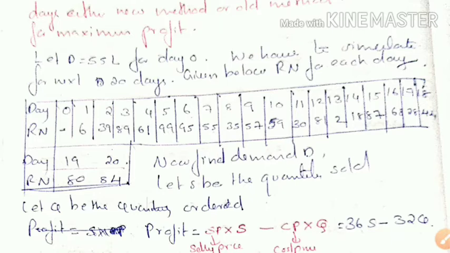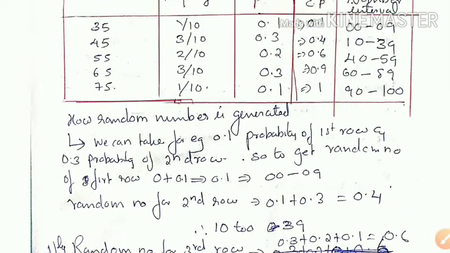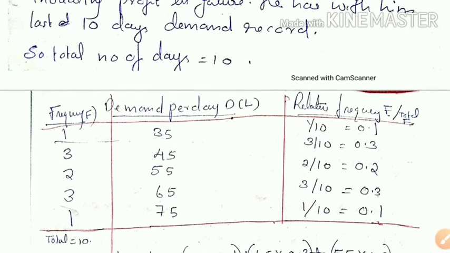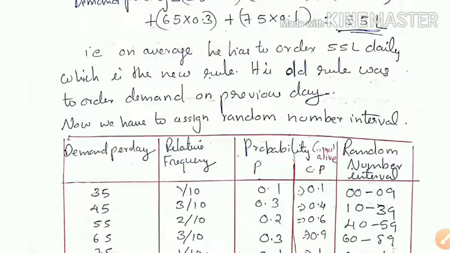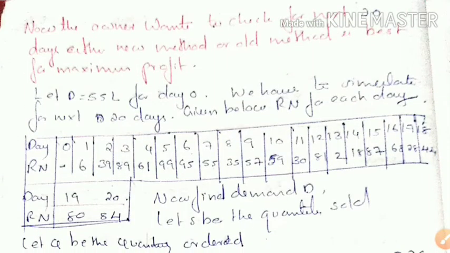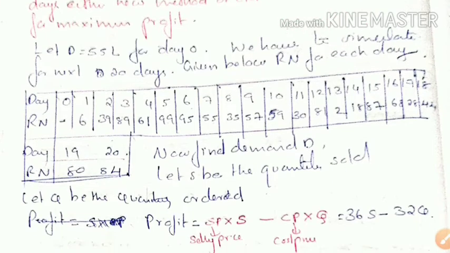So we have to find the future profit for the next 20 days, and he wants to simulate it to find whether the new method, using demand for the last 10 days, or the old rule, the number of packets of the previous day, is best for maximum profit. Now let D equal 55 liters, that is demand equal to 55 liters for day 0. We have to simulate for the next 20 days, given below the random number for each day.